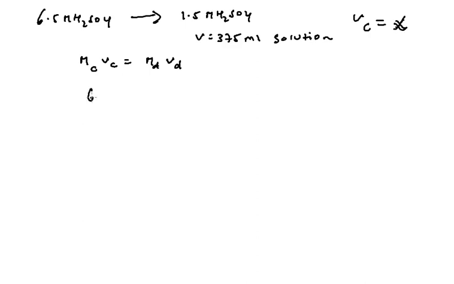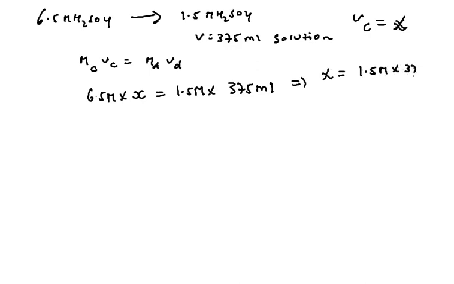So the MC would be 6.5 M times X. The molarity of the diluted solution would be 1.5 M. The volume of the diluted solution will be 375 milliliter. So X can be 1.5 M times 375 milliliter over 6.5.